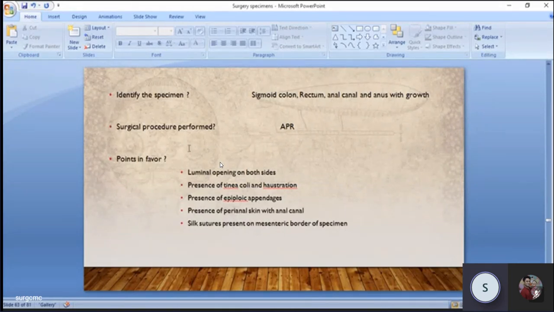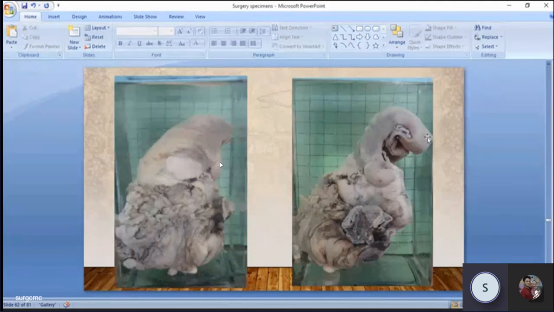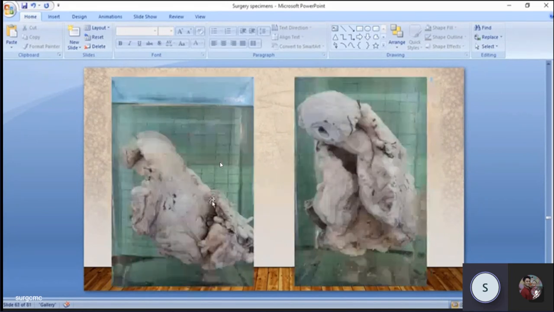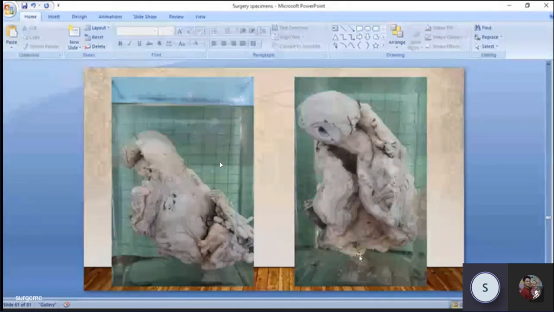Now you can see this is the sigmoid colon part, this is the rectum part, and this is the anal canal, this small one. Now you can see this is the anal verge involving skin, also proliferative growth involving anal canal and rectum. Usually there will be skin attached. I will explain later on. And this is the sigmoid colon, and this is the rectum part.